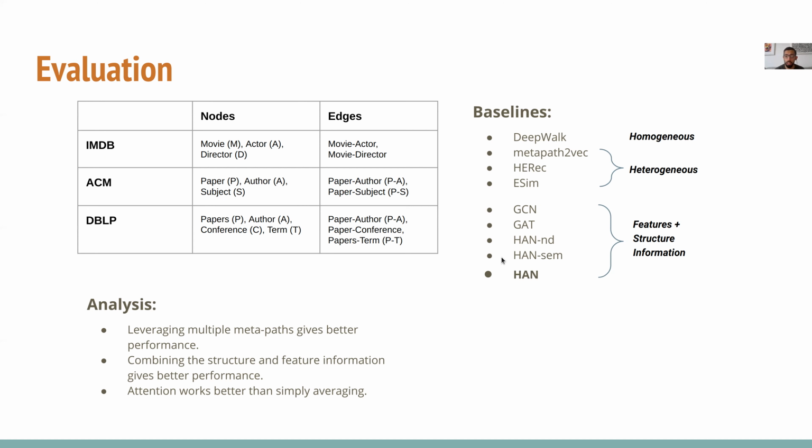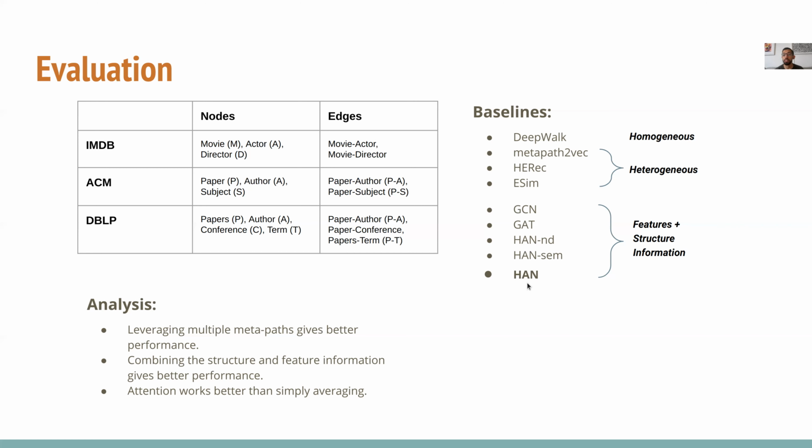And we can see this by comparing HAN and GCN, for example, or graph attention only, because once we apply metapaths, HAN gets significantly better results. Also, they show that using both structure and feature information gives better performance.